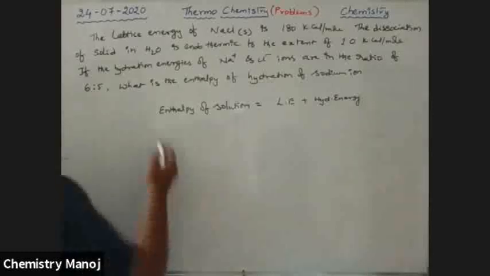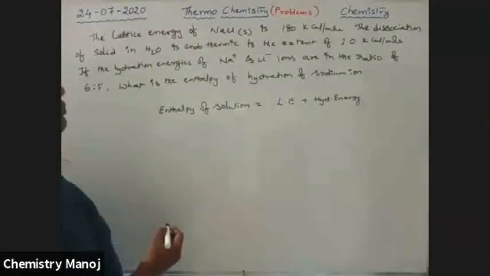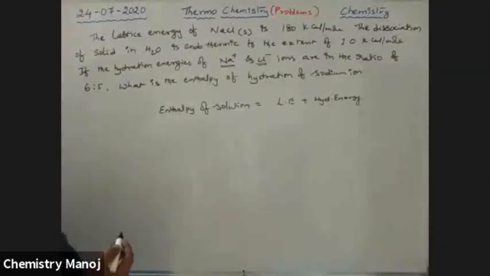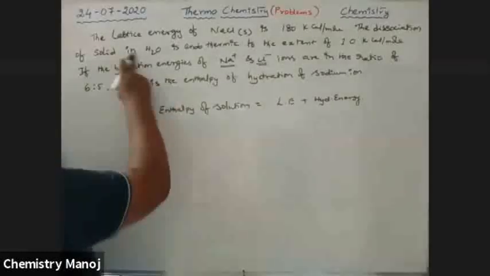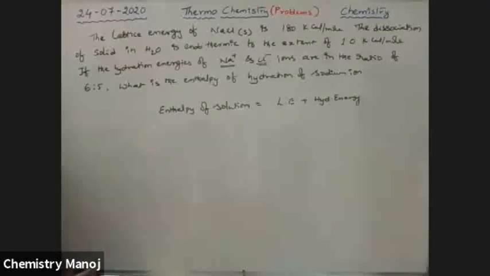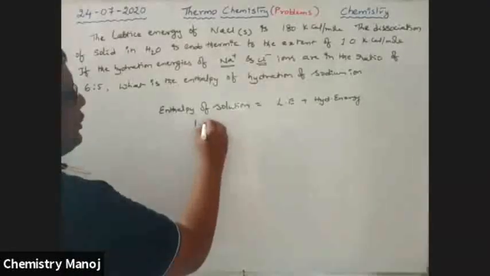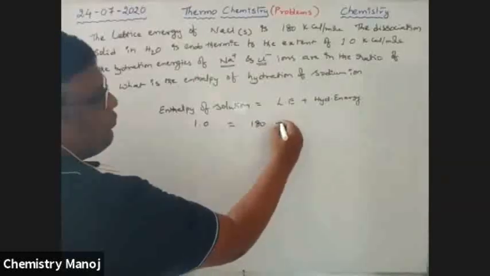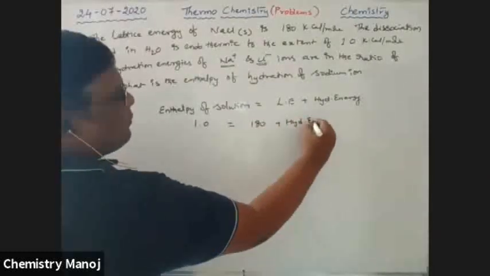So now I am going to calculate the hydration enthalpy for the individual Na plus and Cl minus. The enthalpy of solution is 1 kilocalorie per mole. So that is 1 equals lattice enthalpy 180 plus hydration energy.